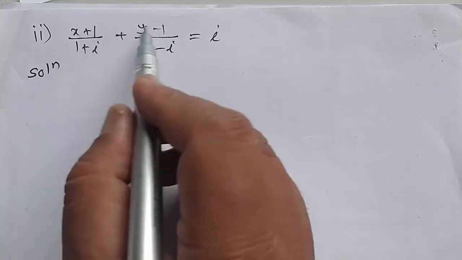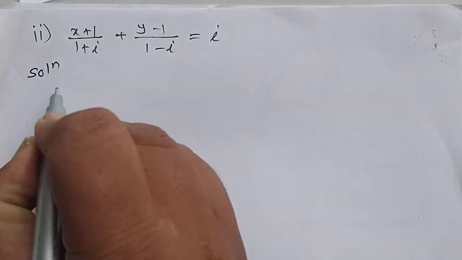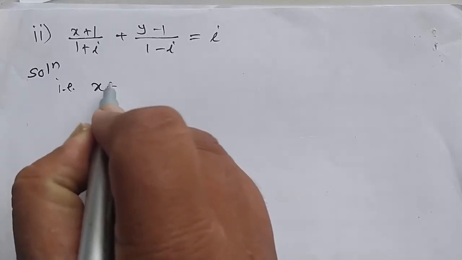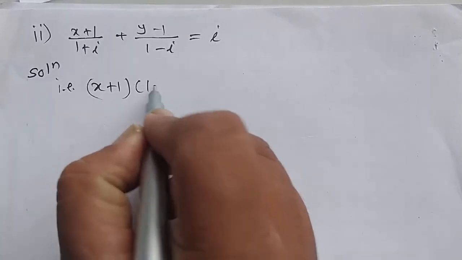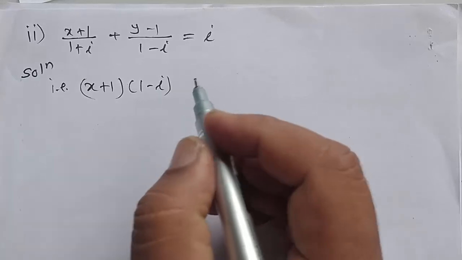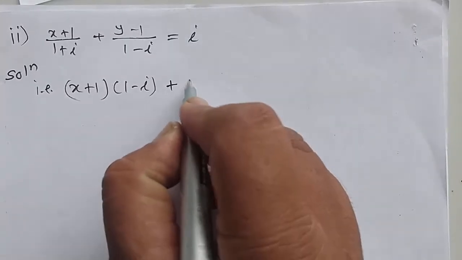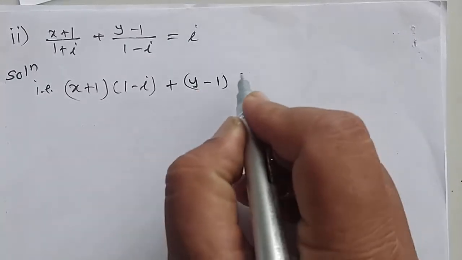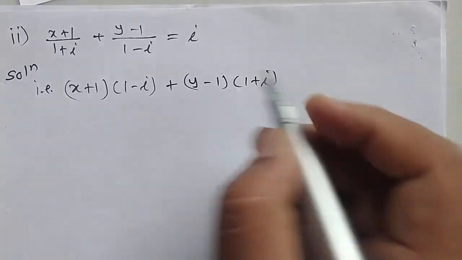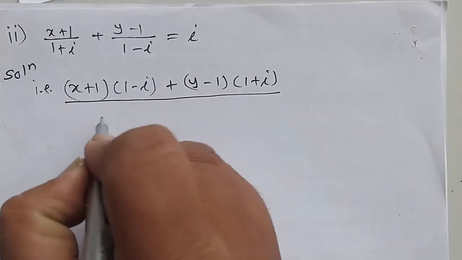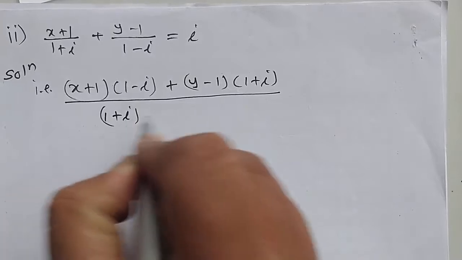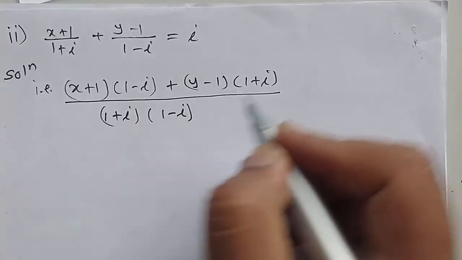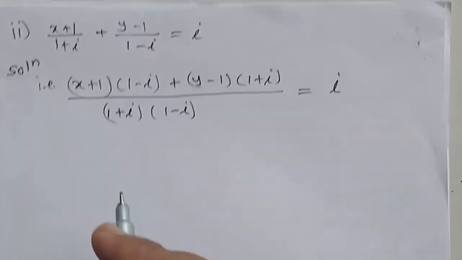Taking the sum of the numerators, we get [(x + 1)(1 - i) + (y - 1)(1 + i)] divided by (1 + i)(1 - i), equal to i.